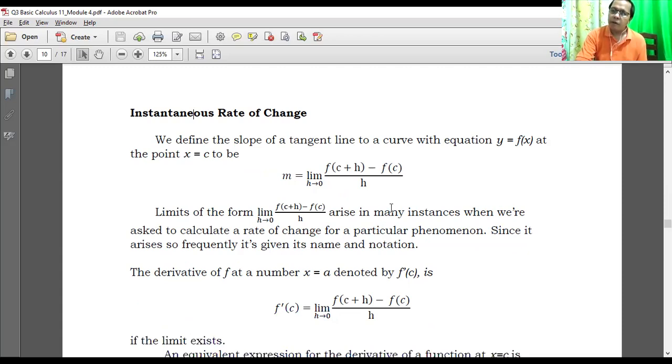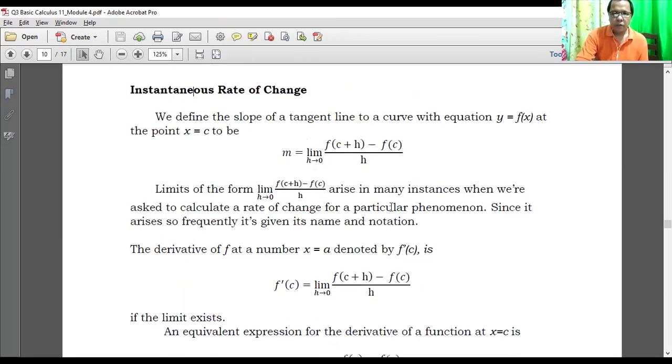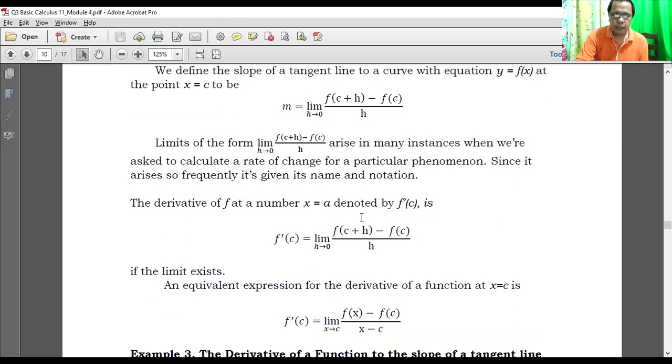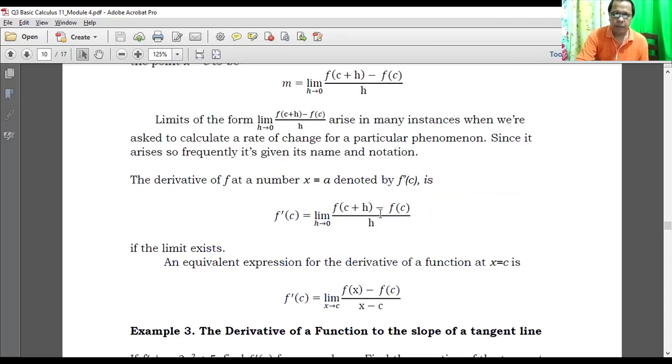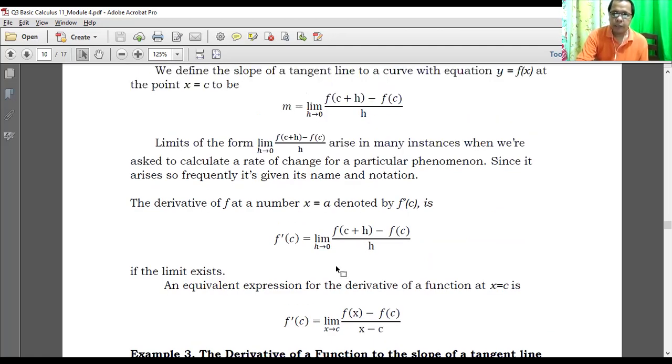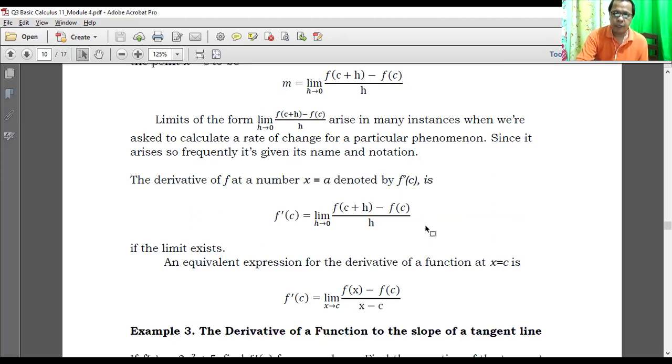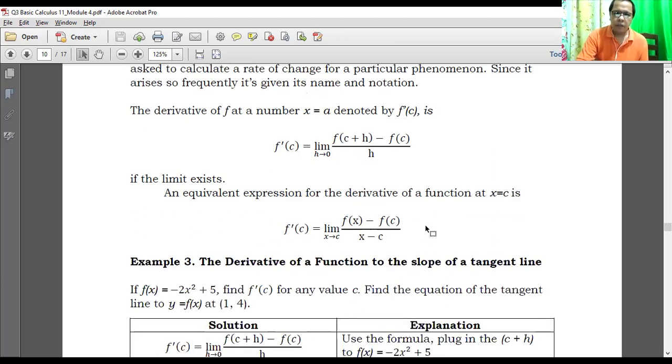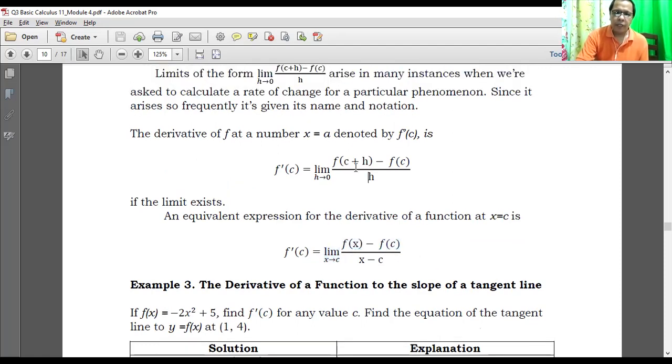Right? And then finding the derivative, you take the limit. Okay, so the slope of the tangent is just equal to the derivative of the function at c. So it is still the same, almost the same as earlier. You can still use this.